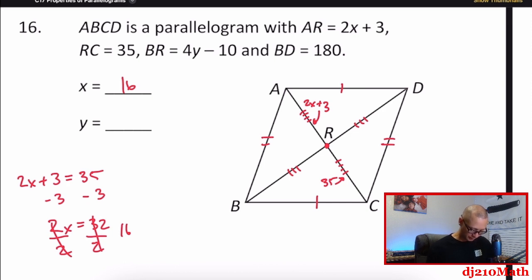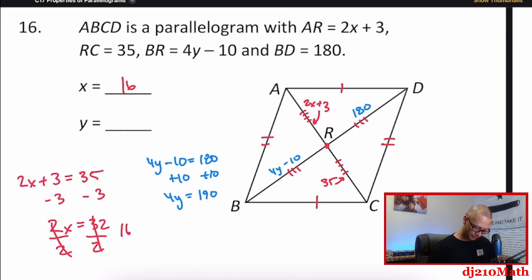Switch the colors. So BR, this guy, 4y minus 10. BD is 180. Again, those are equal to each other. So 4y minus 10 is equal to 180. If I add 10, 4y is equal to 190. 190 divided by 4, well, it's half of 190.